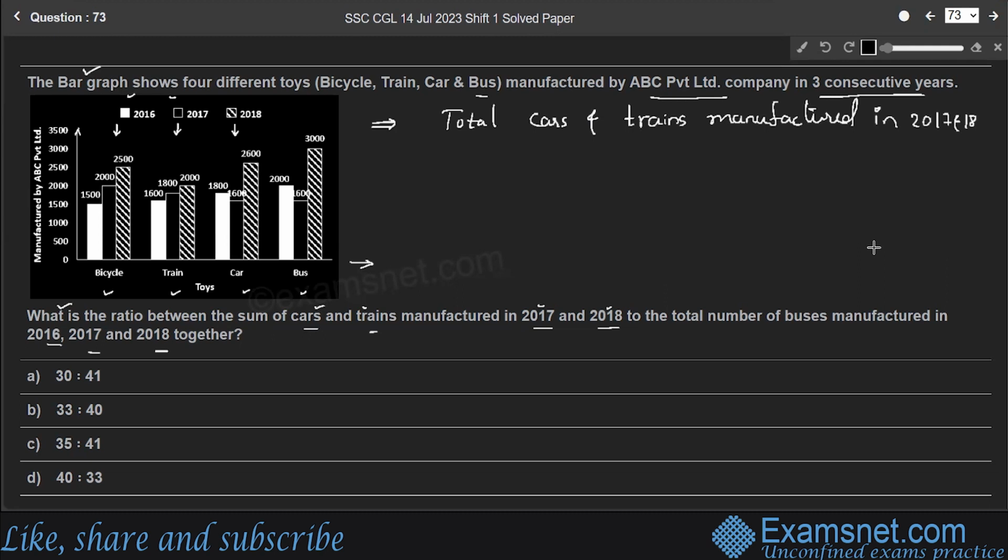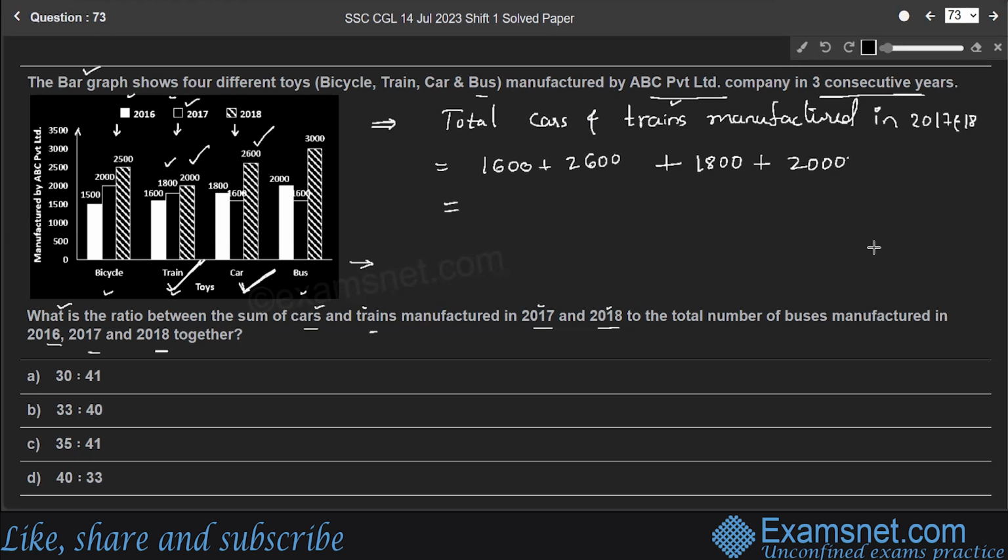So we'll consider the number of cars in 2017, which means the blank portion. So 1600 cars were manufactured in 2017, whereas in 2018, this black and white portion, 2600 cars were manufactured, right? So the number of trains manufactured: in 2017, 1800 trains were manufactured, whereas in 18, this black and white part, 2000 trains were manufactured, right?